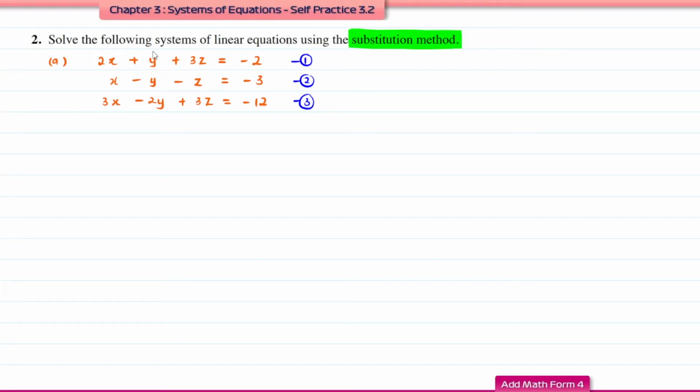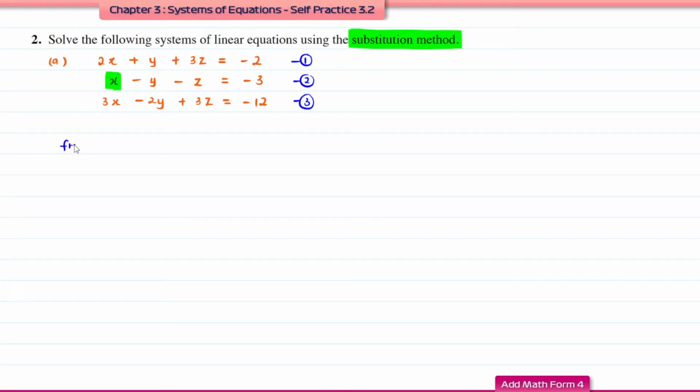So here we can choose either the y from equation number 1, or x, or y, or z in our equation number 2. In this case, I'm just going to choose the x from equation number 2 and express it in terms of y and z.